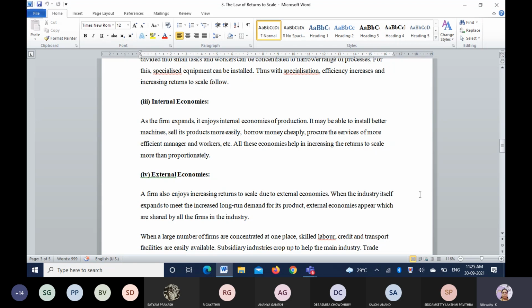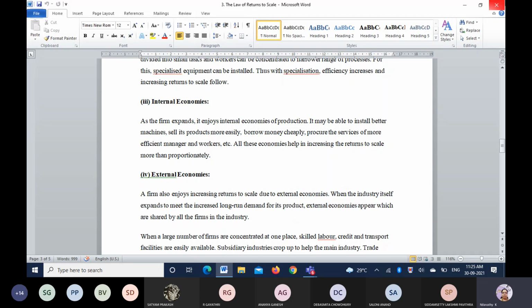As they are in that particular industry, what benefit are they going to get internally? Internally, they will get raw material at a cheaper rate, or they can borrow money from the bank. Why? Because they belong to that particular industry. That industry is a very famous industry, so all the firms which come under this industry will get benefit out of it. That is what we call internal economies.